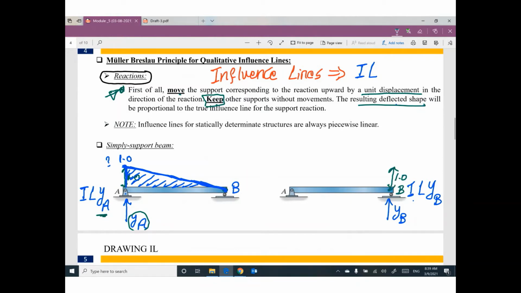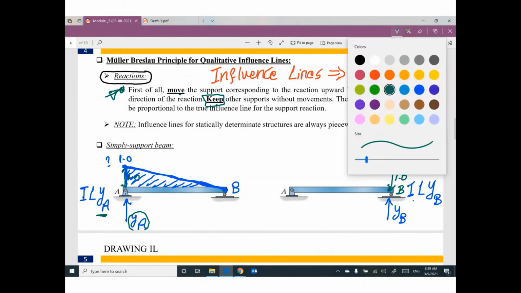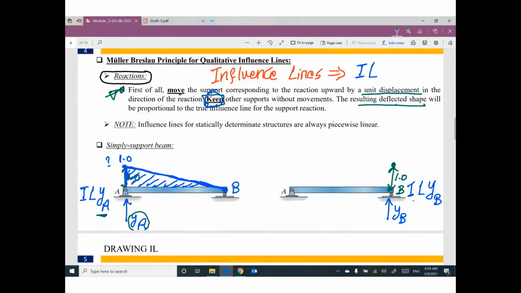So the position of this end is here. Keep the other support as it is, no movement. So the other support as it is. So this end will remain at this location. What is the new shape of the beam? Looks like this. This diagram is called influence line for reaction YB.